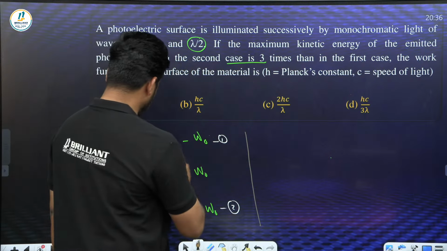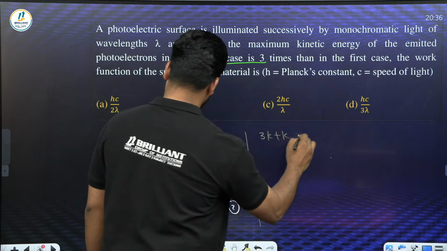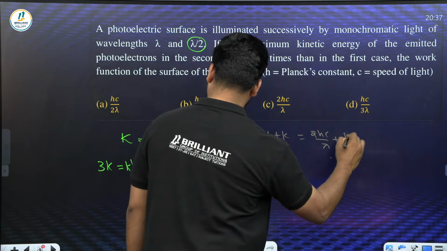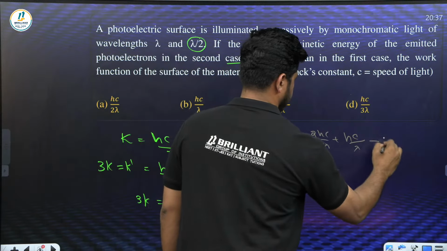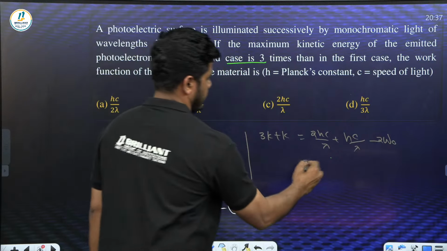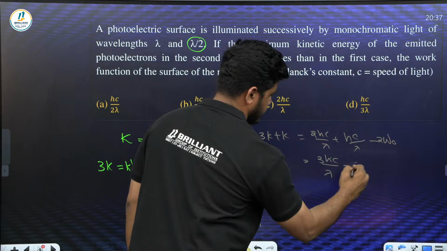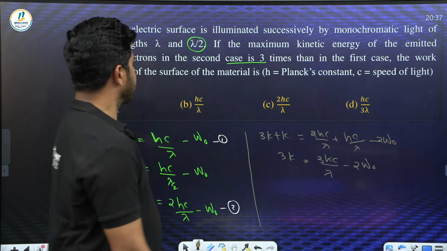If we add them up, we get 3K plus K is equal to 2hc by lambda plus hc by lambda minus 2 work function. So we get 3hc by lambda minus 2 work function is 4 times K.